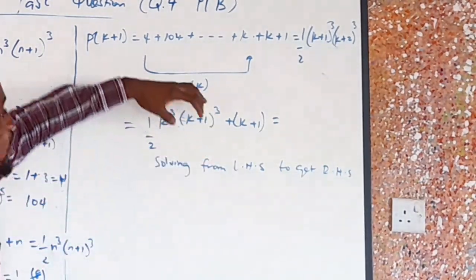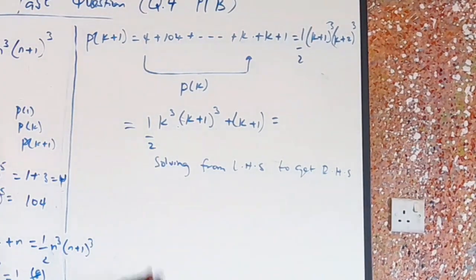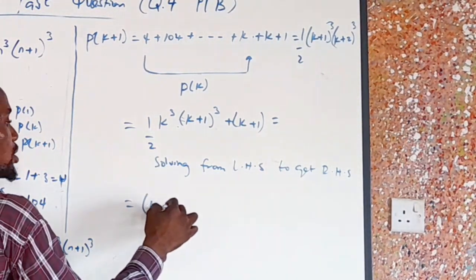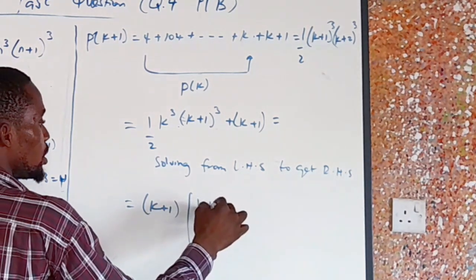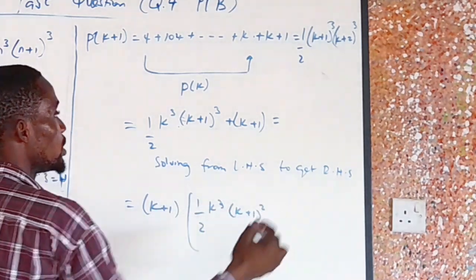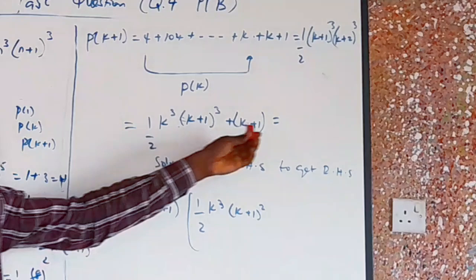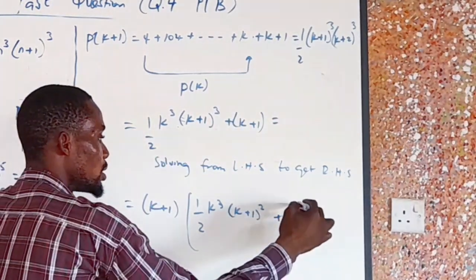I have all this plus k plus 1. Something is common. k plus 1 is common. Right? So you bring k plus 1 out. What remains? 1 over 2 k cubed into k plus 1 squared. Right? Because this is with power 1, this is with power 3. Now then plus 1.